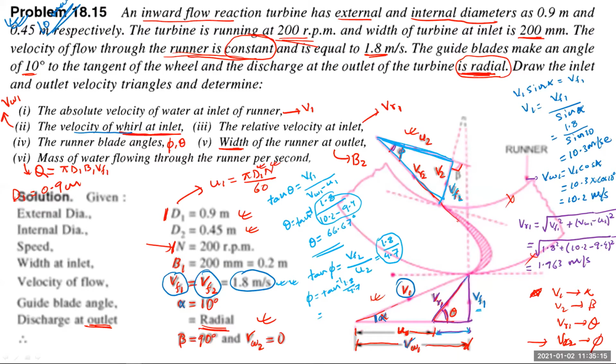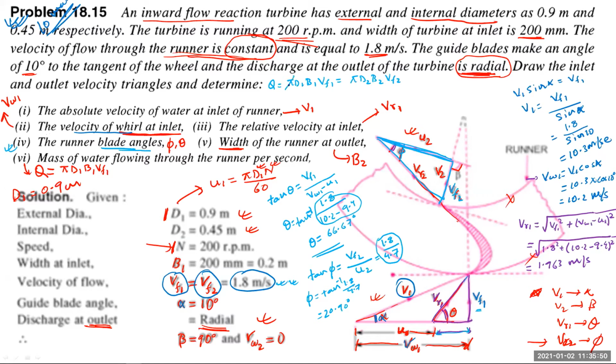Now coming to question number 5. It is asking for the width of the runner at outlet, B2. Whenever you see a term like B2, in which formula was it coming? In your discharge formula. So write down the formula: Q equals pi d1 b1 into Bf1 equals pi d2 b2 into Bf2.